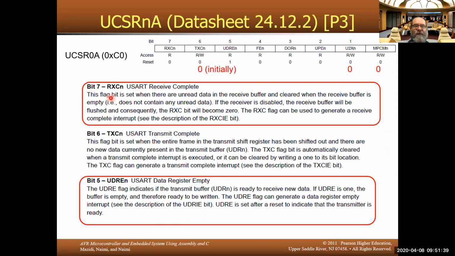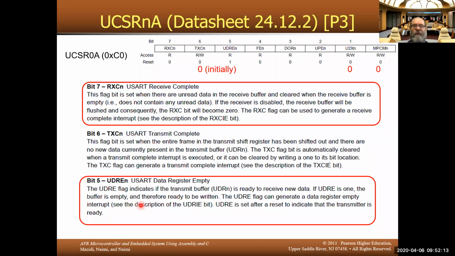And look at this. When a character is received, so when we start this program running, at some point we're going to get a character in. When that character is received, I am going to want to generate an interrupt. This particular bit is going to be set.